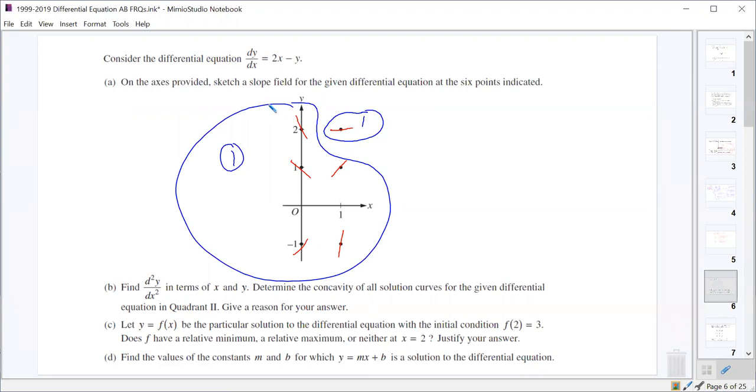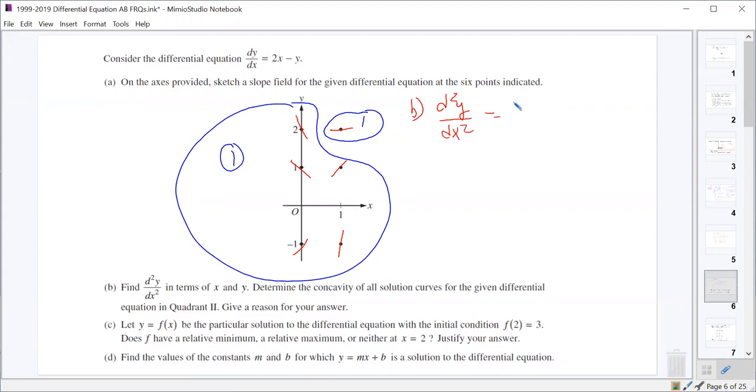Good or no? All right, I'll assume that's a yes. So for B, find the second derivative. All right, well, the second derivative should be the derivative of the first derivative.